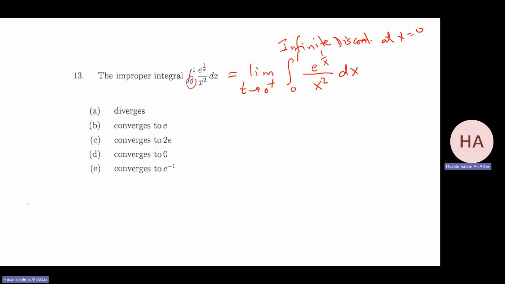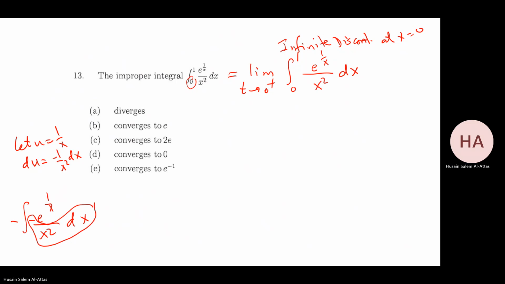Now this integral, let me do it in detail here. Let u equal 1 over x. Du will be what? -1 over x squared dx. So I need minus and minus. So this is my du.